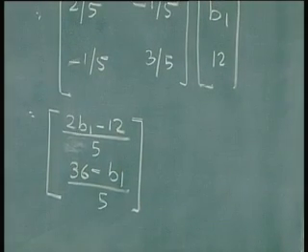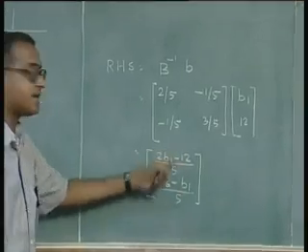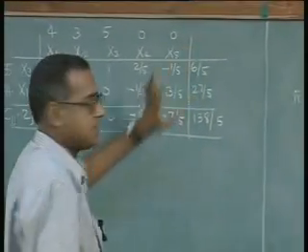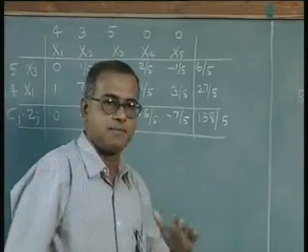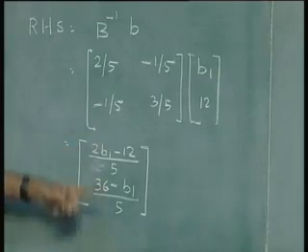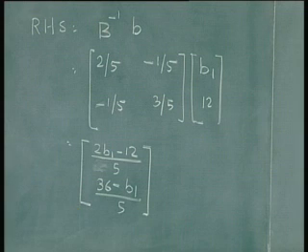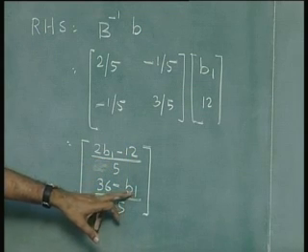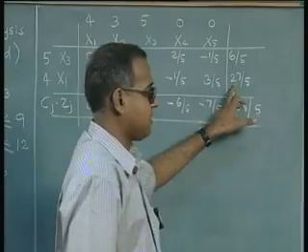If b1 is such that both these are greater than or equal to 0, then we have the primal feasible as well as dual feasible, and the present set of basic variables will be optimal with the corresponding value here. For example, if we substitute b1 equal to 9, which is in the original problem, so 18 minus 12 by 5 is 6 by 5, 36 minus 9 is 27, 27 by 5 is what we have here.